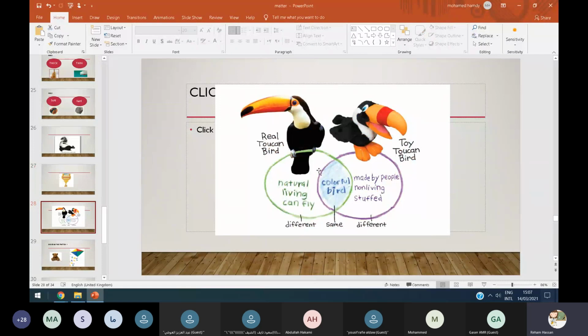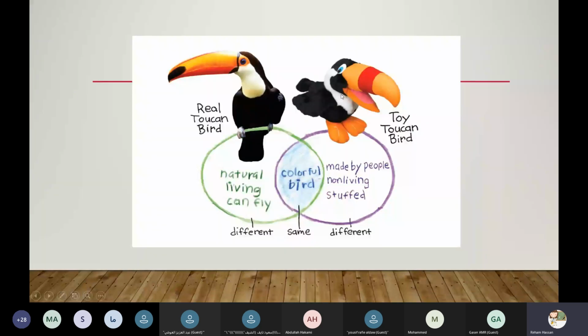Yes, Naif. Look at this bird. It's a real, living bird, and this is a toy, okay? So these birds are made of? Matter. And the toy also is made of? Matter.